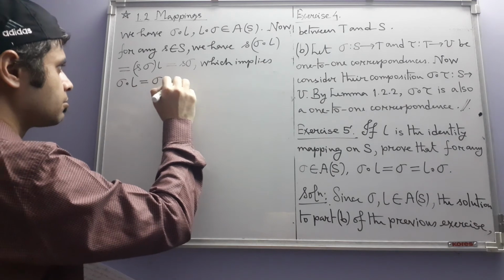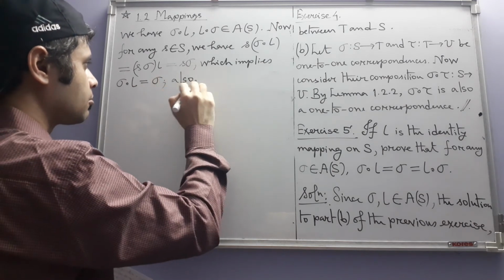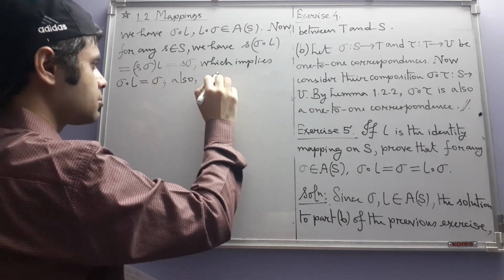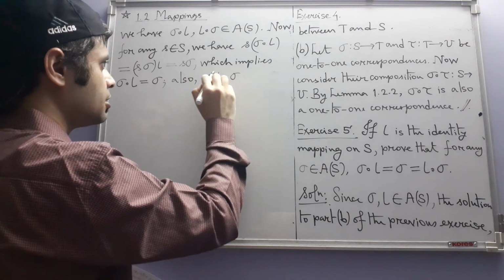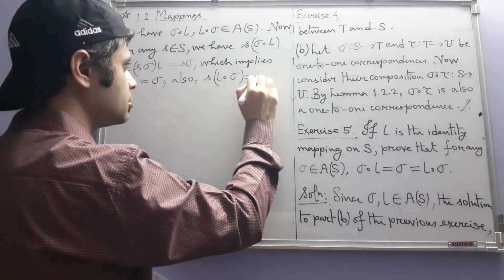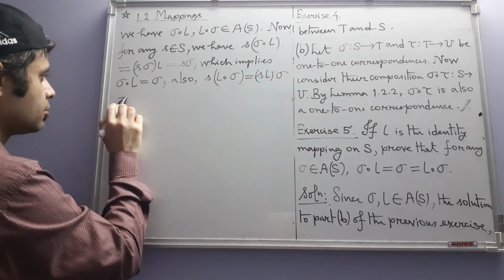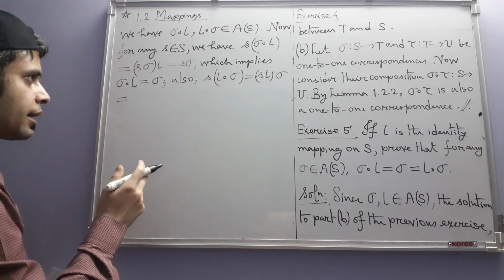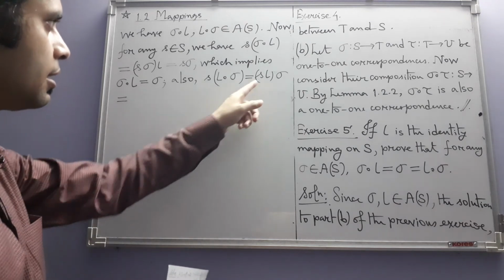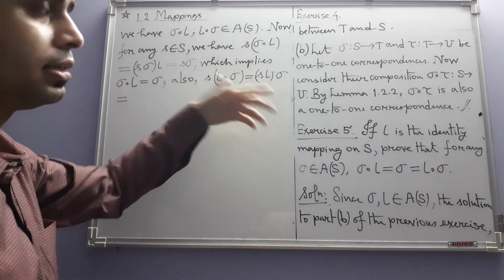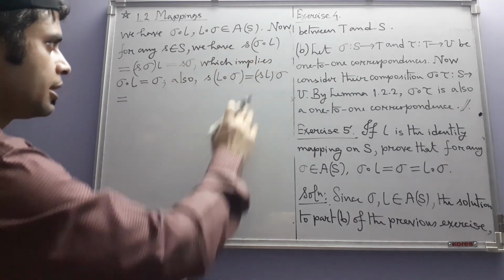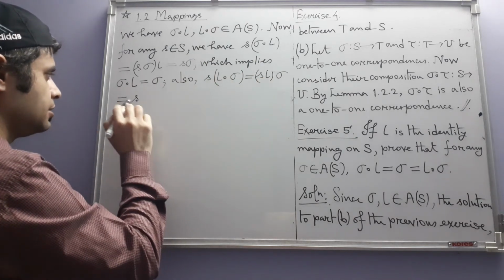Also, s of iota composition sigma is equal to s iota sigma. Now s iota is actually equal to s because s is an element of S and iota is the identity mapping on S. So it has no effect on s, it does not change s.